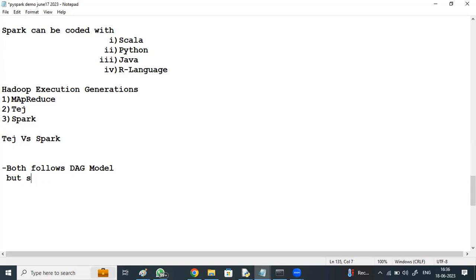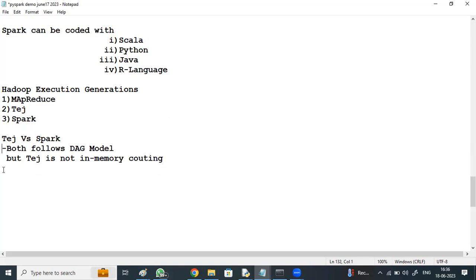It is a data flow, and there won't be any closed loops. But Tez is not in-memory computing. Spark is in-memory computing, and it has very high speed compared with Tez.